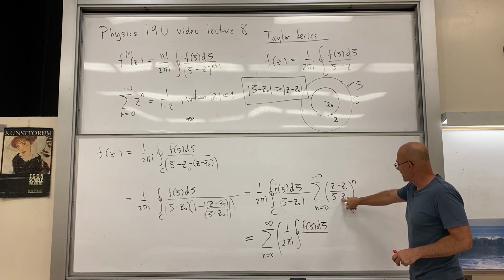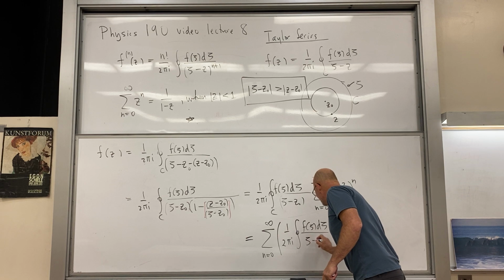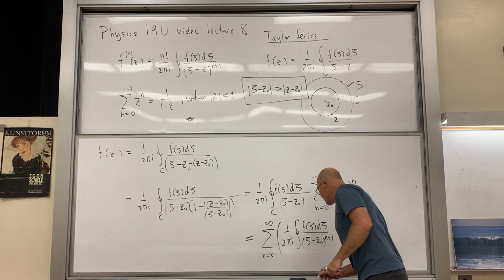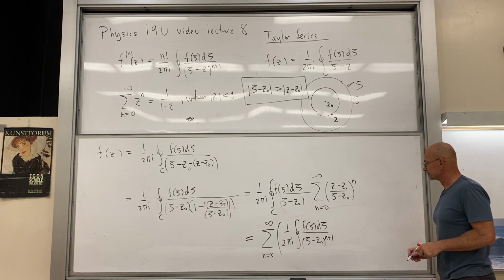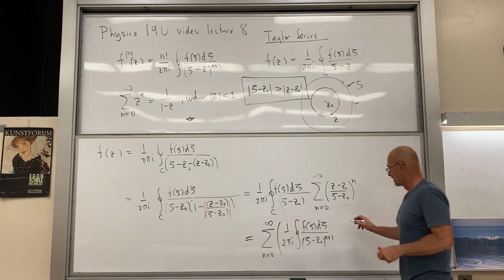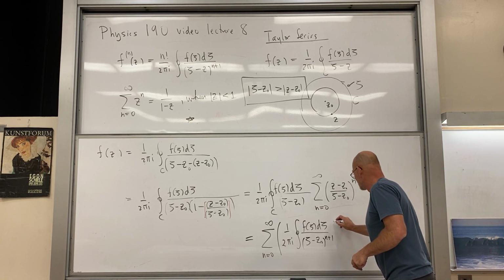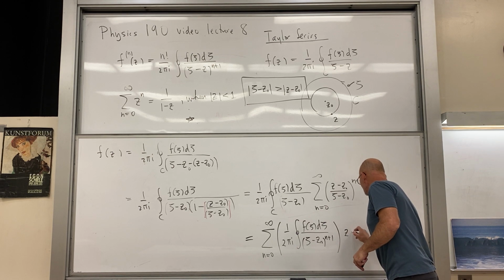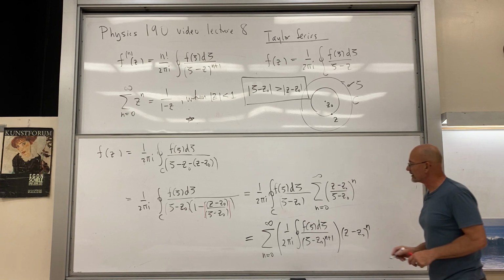Here we go, zeta minus z sub 0 to the n plus 1, and z minus z sub 0 to the nth power.